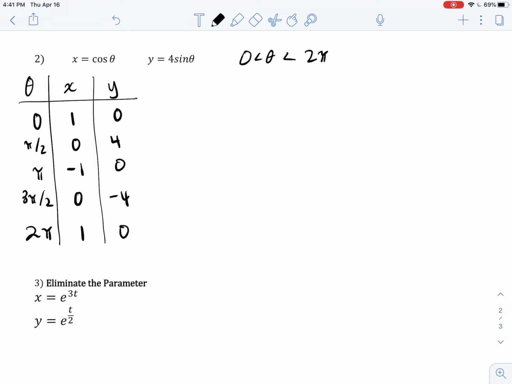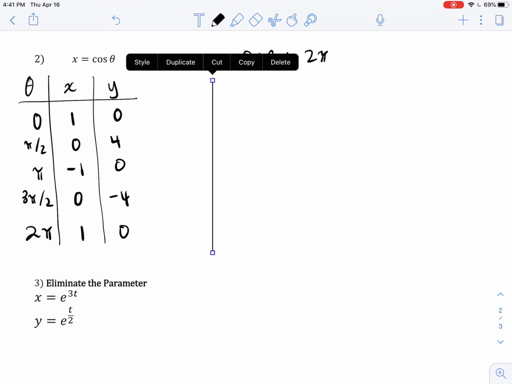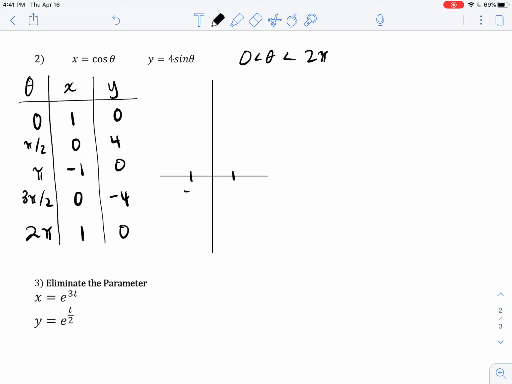Now let's actually look at this plane curve. Let's graph it. So I'm going to go ahead and draw that better. And let's fix that a little bit just so it looks a little straighter. Okay, and our x values go from -1 to 1, so that's why I didn't need to make my x-axis too wide.